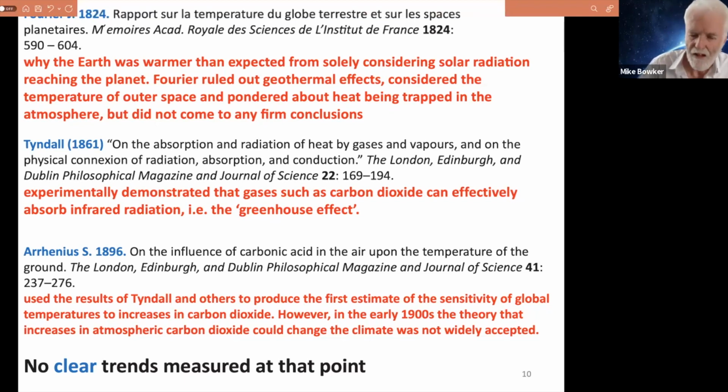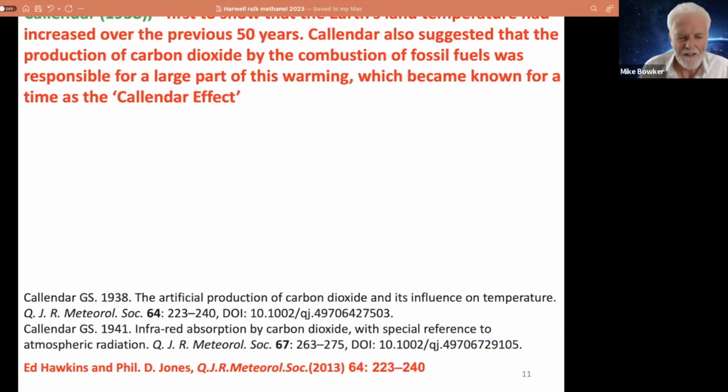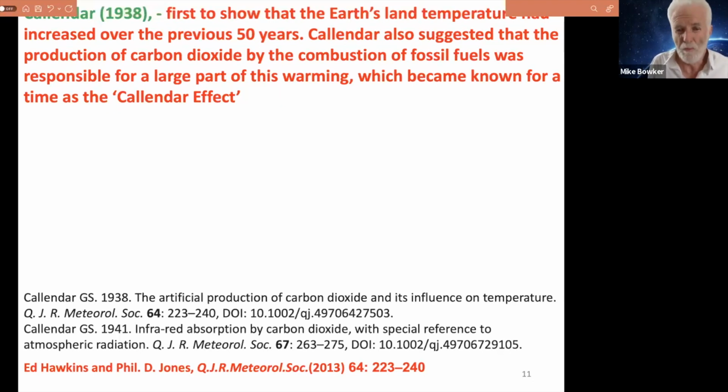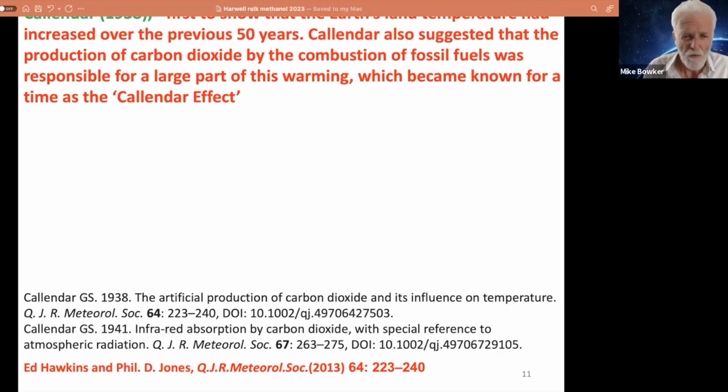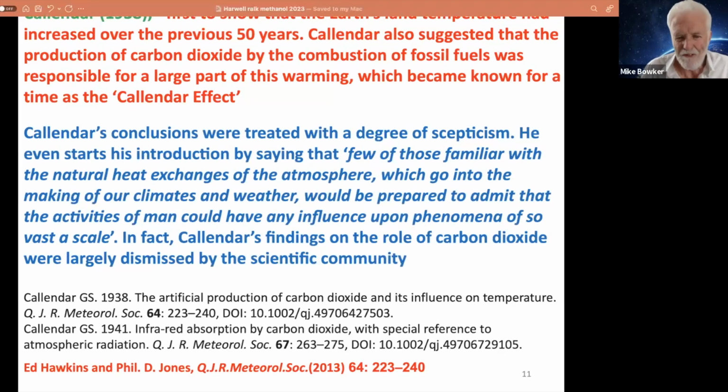And so it was after that, Callender in 1938, took data from a number of weather stations and specifically stated that the carbon dioxide increase in the atmosphere was responsible for the global warming that he could measure from these stations. It was known for a while as the Callender effect, but generally skepticism was around about these findings.